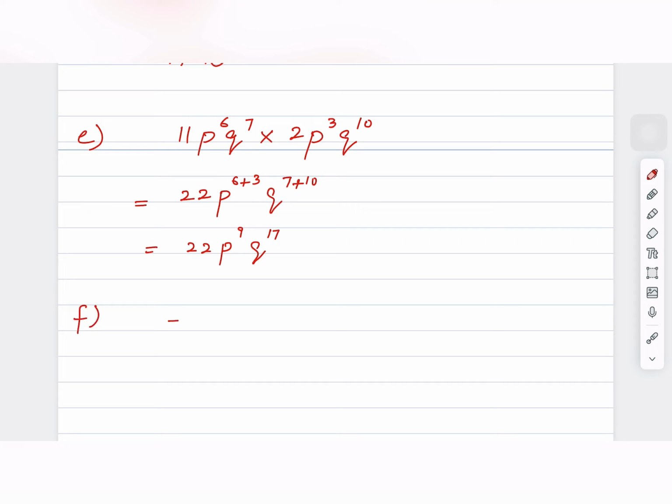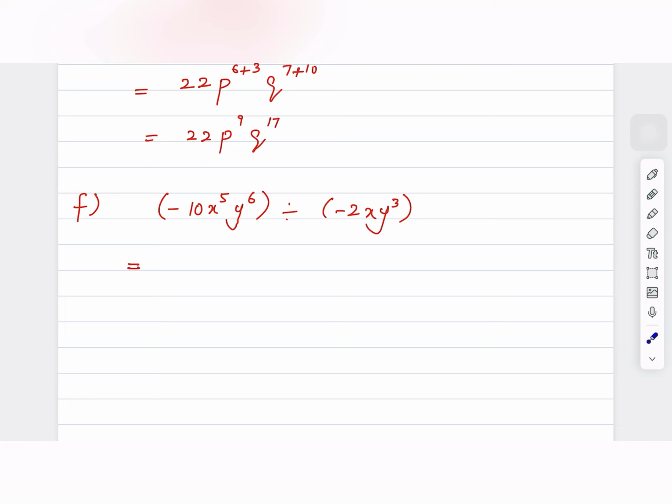F part is minus 10 x power 5 y power 6, division, minus 2 x y power 3.